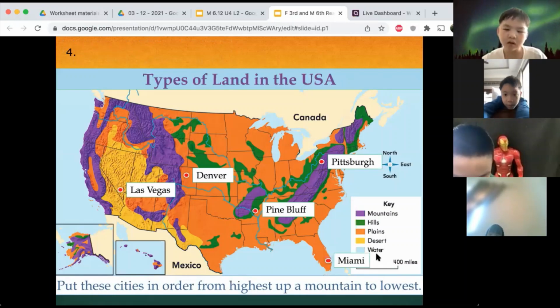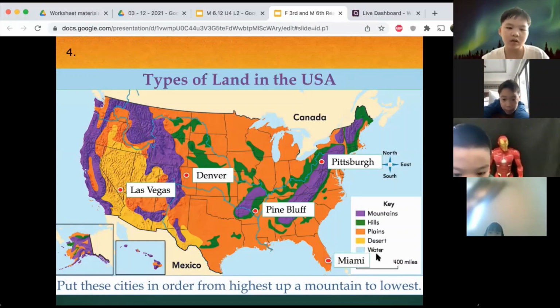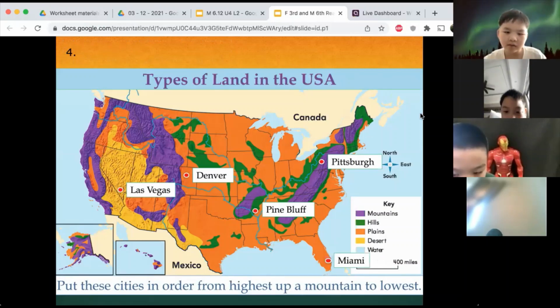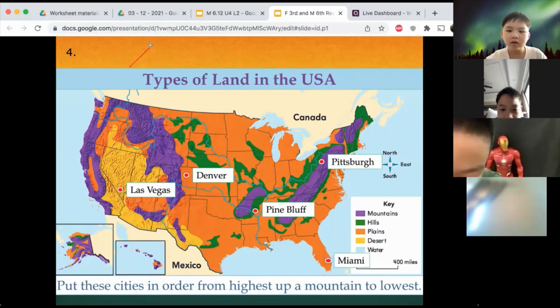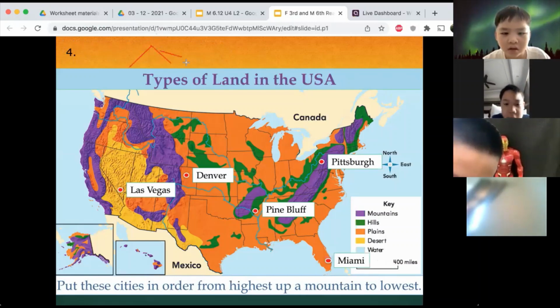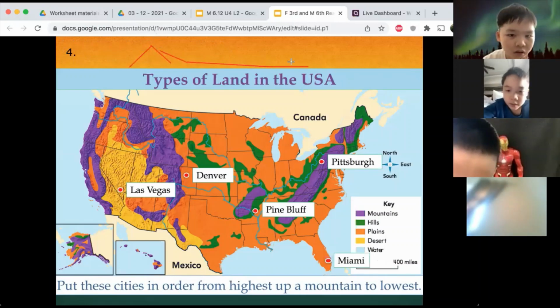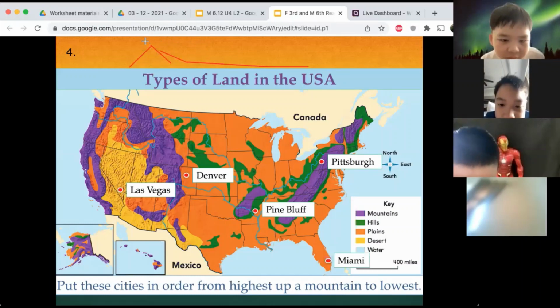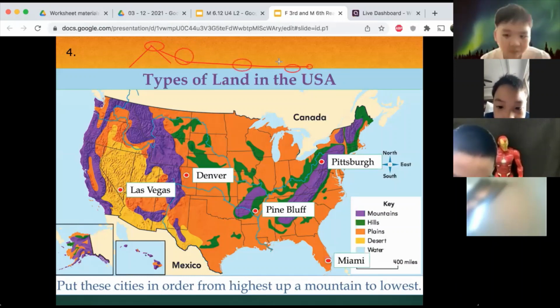So you should write all the cities. Yep, write all 5 in the right order. So here's my mountain. Highest up a mountain to lowest. There's 5 altogether.